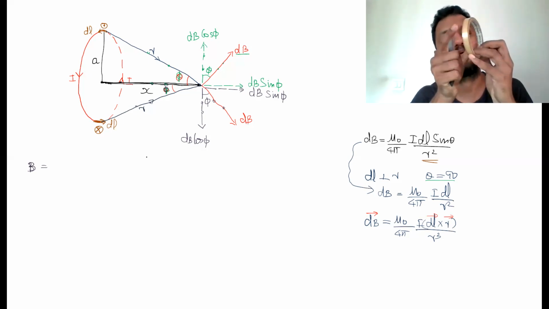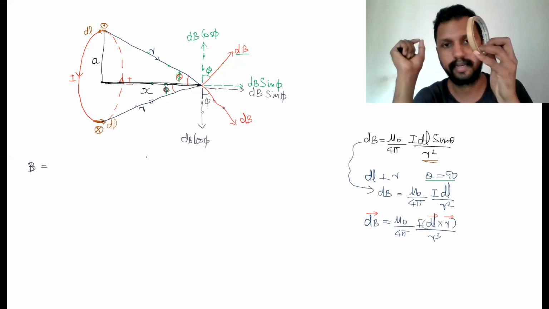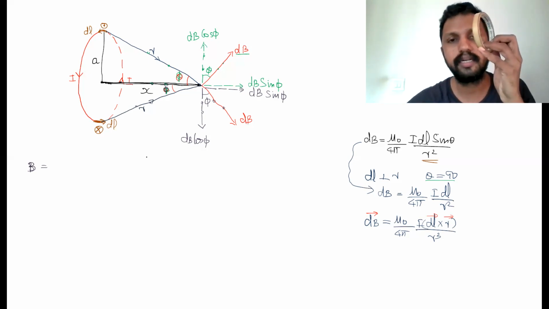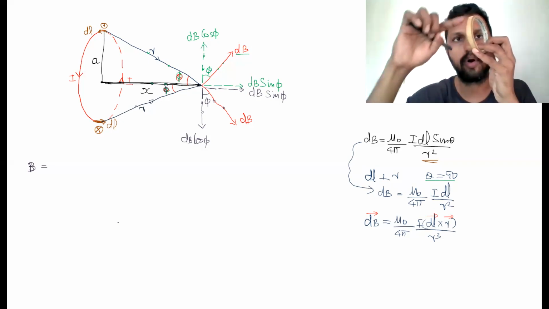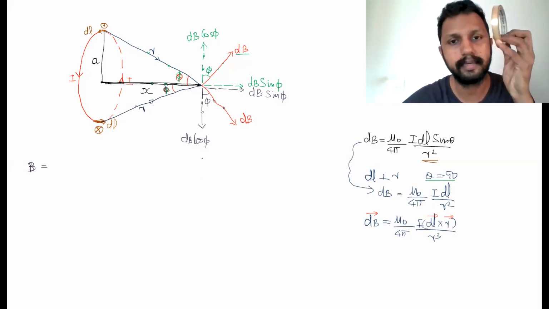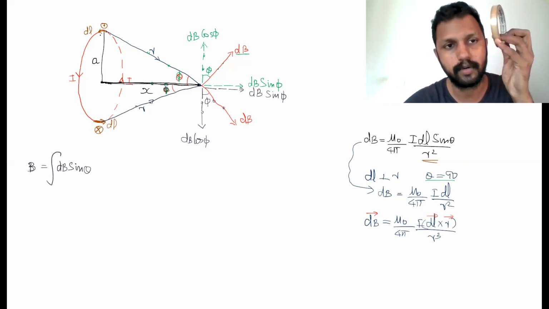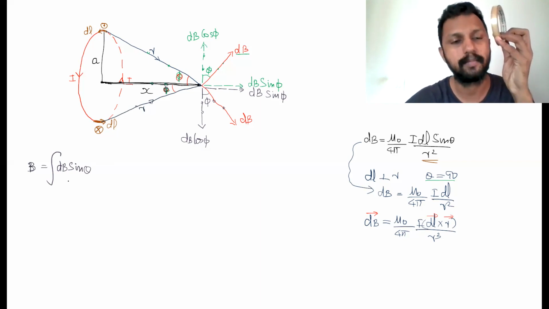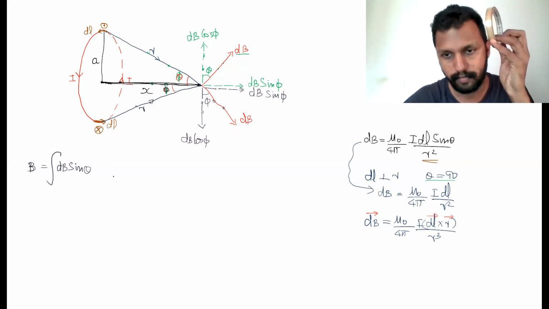Similarly, for a DB over here and a DB over here, their DB cos phi components will get cancelled. Therefore, the total will be the sin phi components of all these. It is actually the integral of DB sin phi. You will have to take all the DB sin phi components. That's the reason why we are writing B is equal to the integral of DB sin phi.